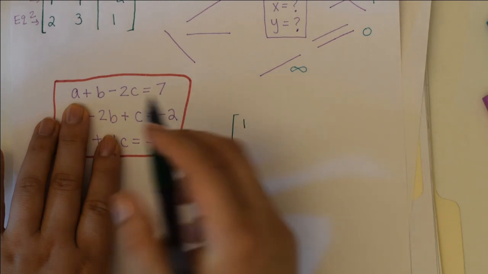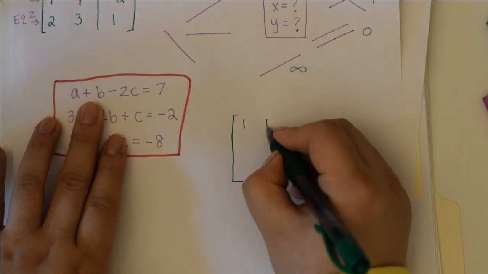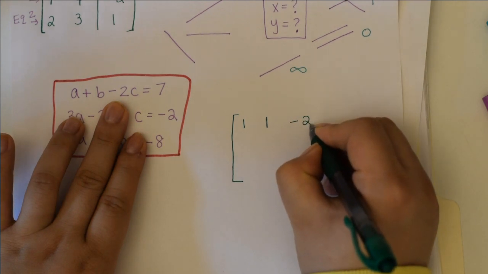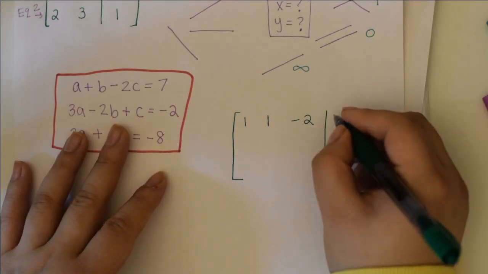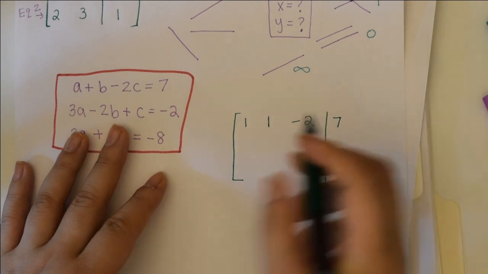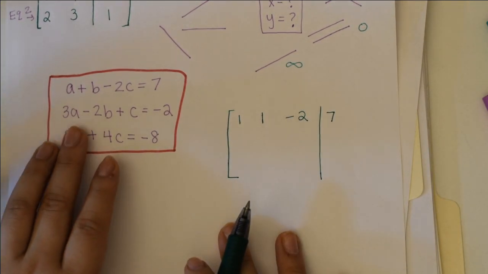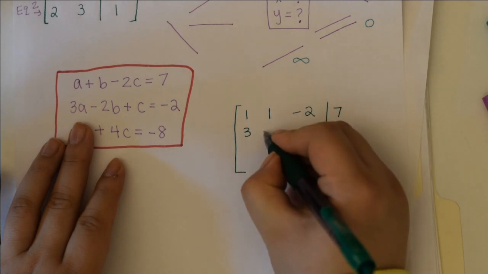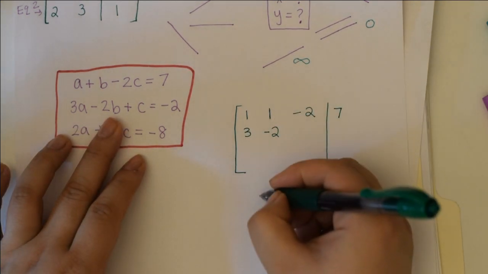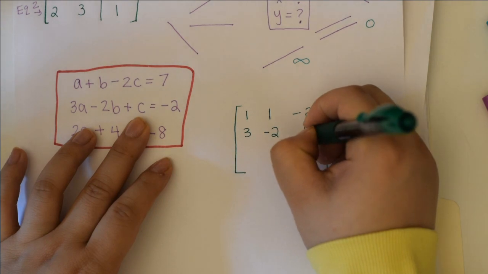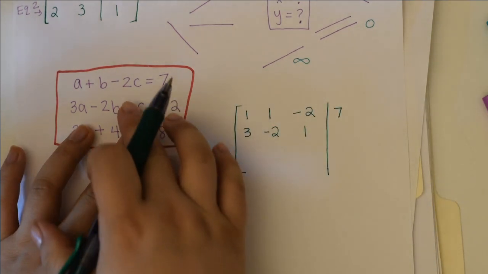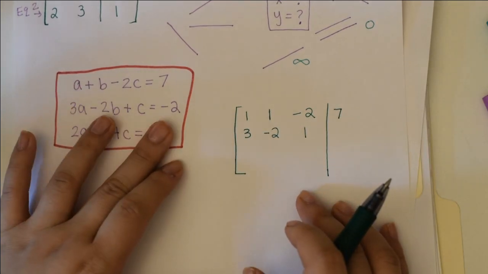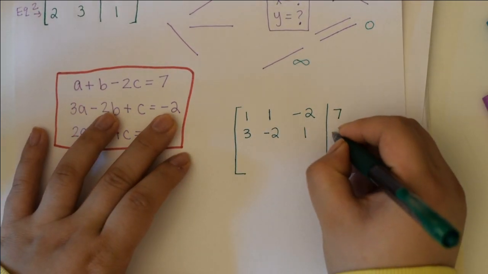So 1, 1, negative 2, and then augmented 7. And then the next equation is 3A, so we have 3, minus 2 for B, and then C is 1. So I hope you're following that the coefficient is 1 for these, right? And then augmented, and then negative 2.